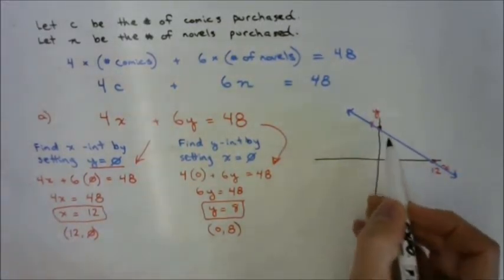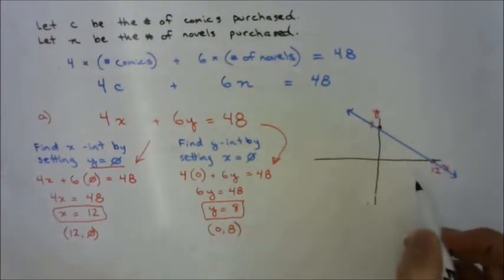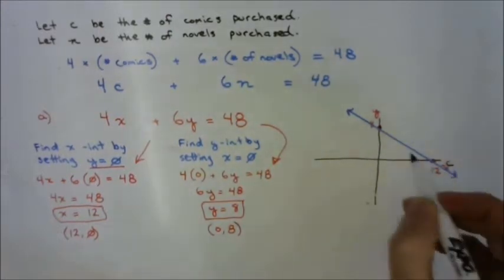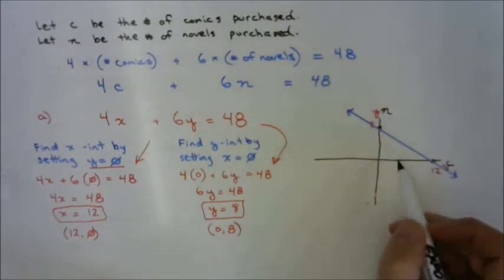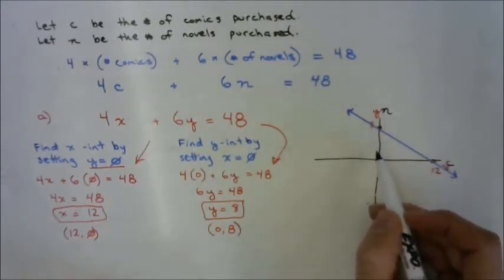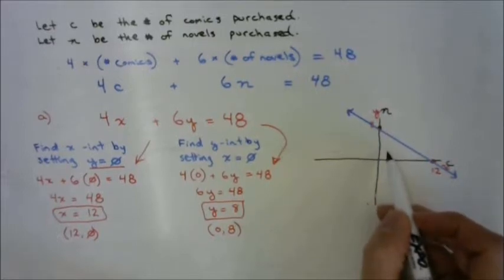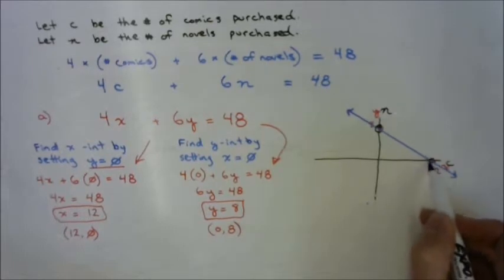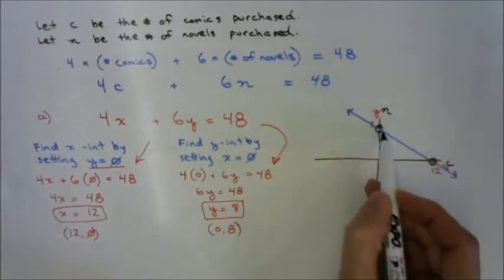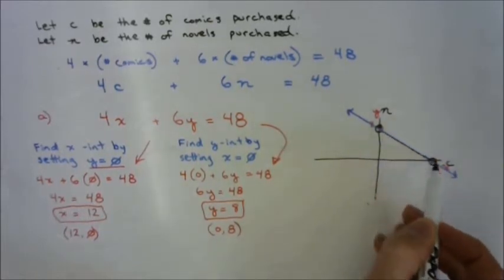What does this line represent? Remember, one of them was comic books, and one of them was novels. These dots represent if she only bought novels or she only bought comics. But what's all the space in between? All the possibilities.